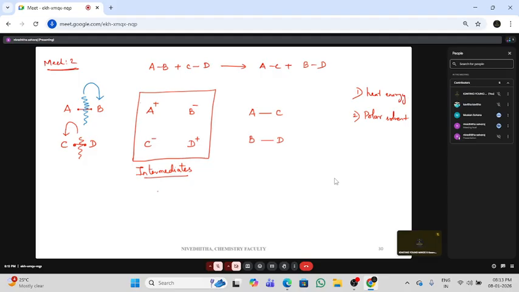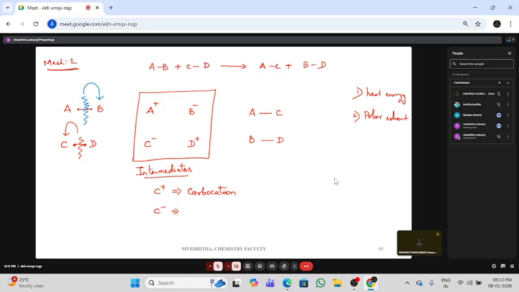Basically, this is an organic reaction. So anyways, the positive charge will be on the carbon, and the negative charge will also be on the carbon atom. Positively charged species are called cations. Here, the positive charge is on the carbon atom, so this intermediate is called carbocation.